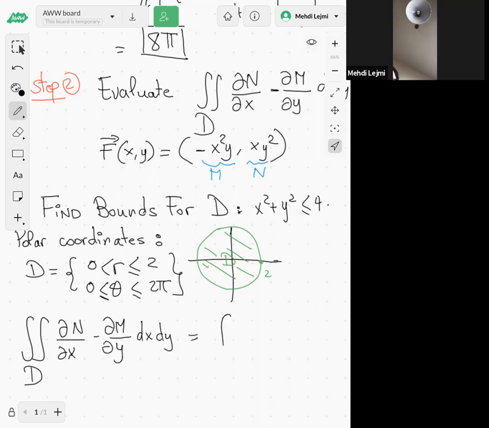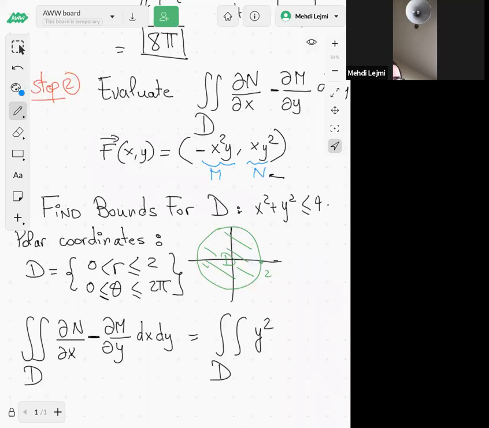The derivative of N with respect to x: y is constant, so that will be just y squared. Be careful, this is a minus sign.